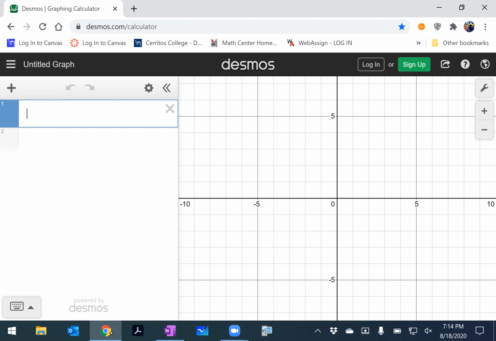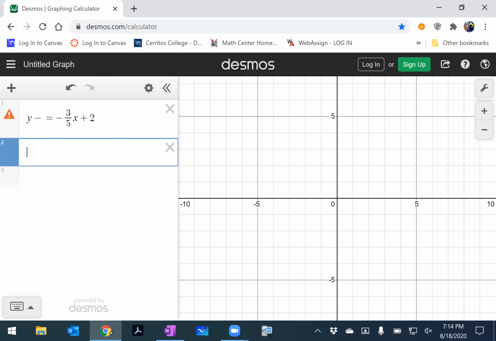So I'm going to type in y equals negative 3/5 x plus 2, and then we're going to graph that.